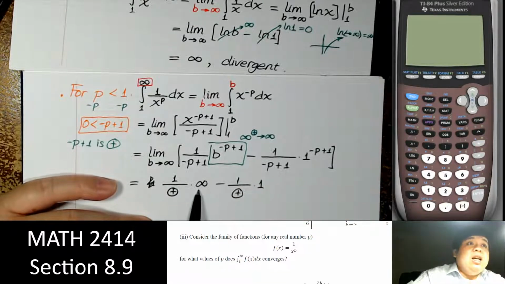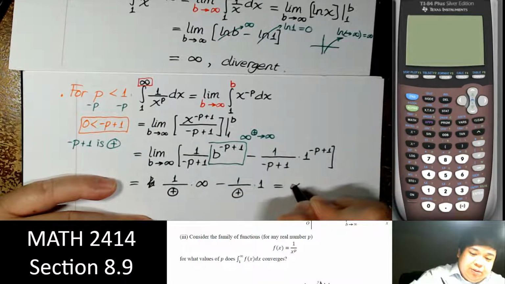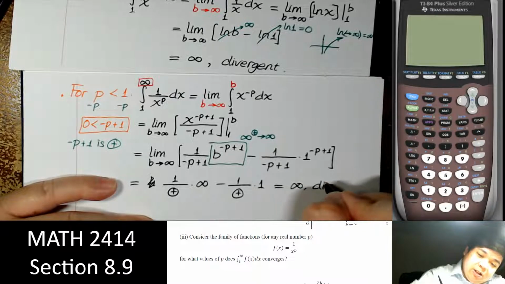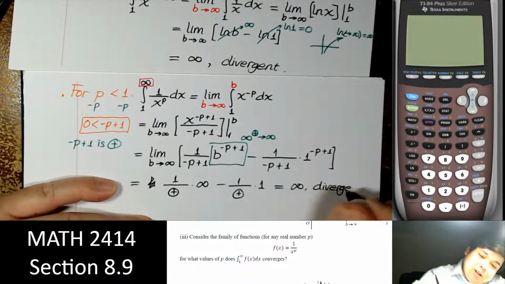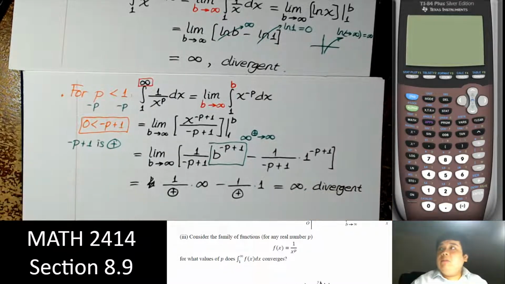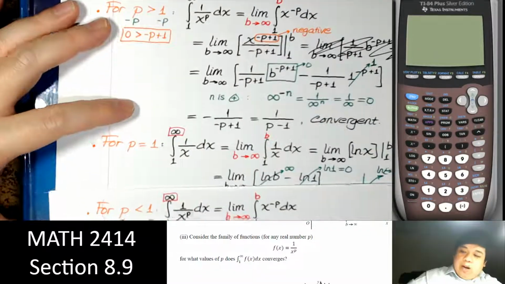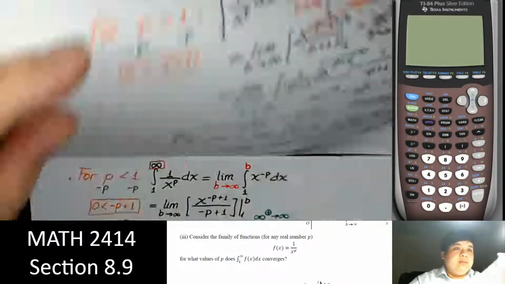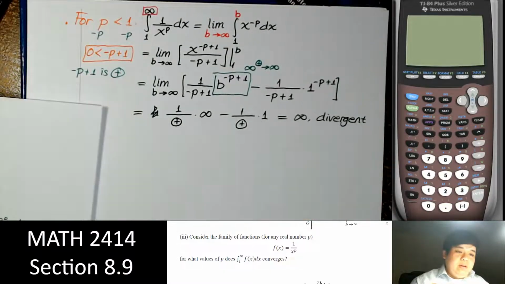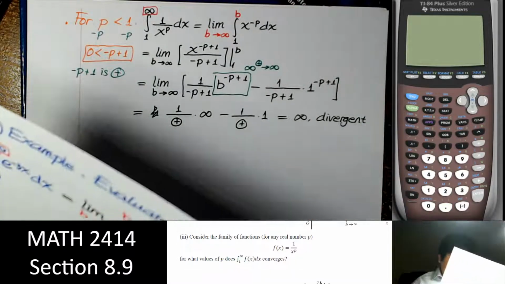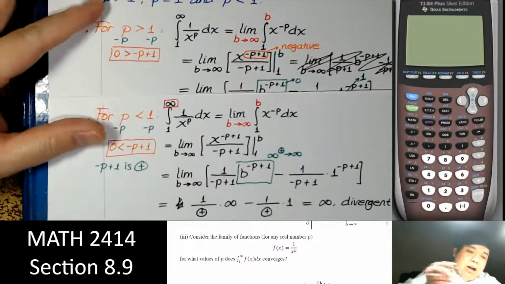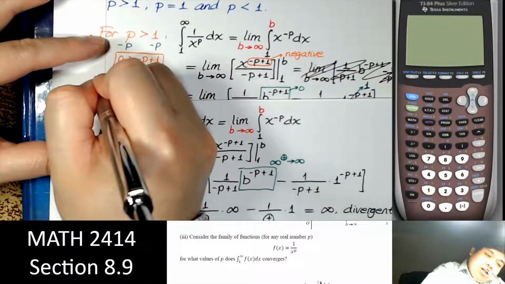The bottom line is it is equal to infinity, which is divergent. So those are the 3 scenarios. When p is less than 1, that is divergent.